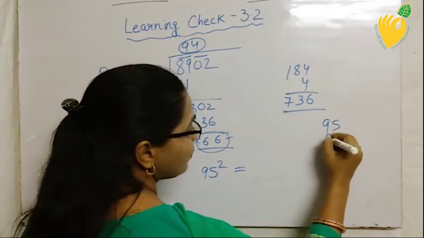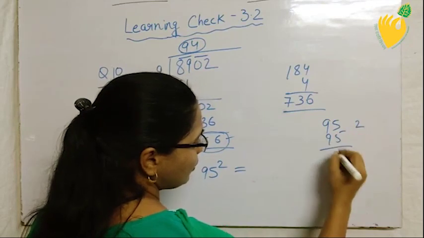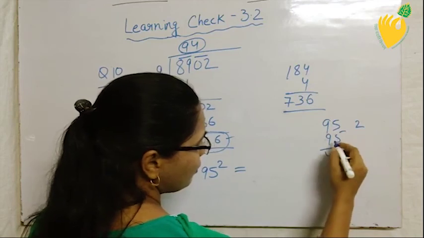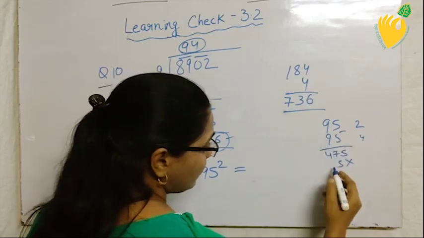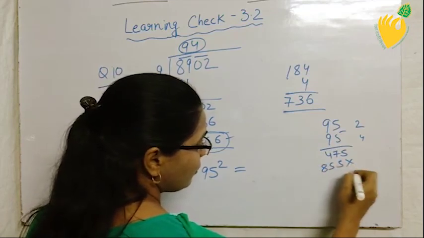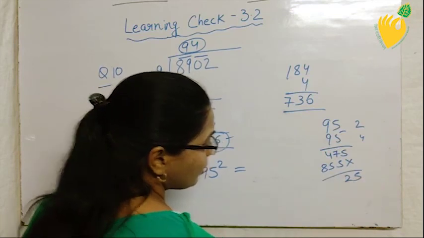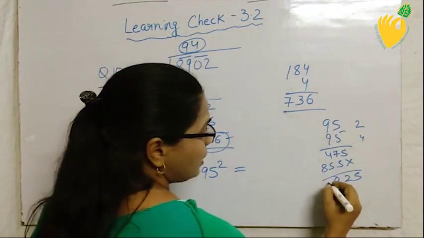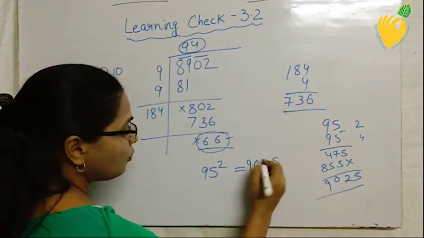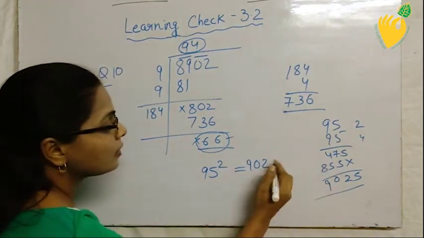Let's multiply and get the answer. 95 into 95 is 9025. The square of 95 is 9025.